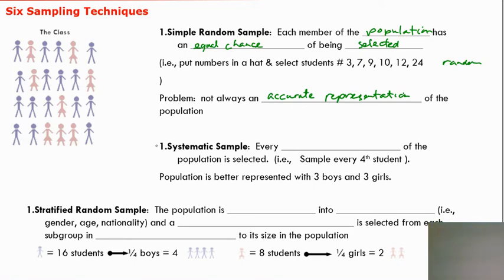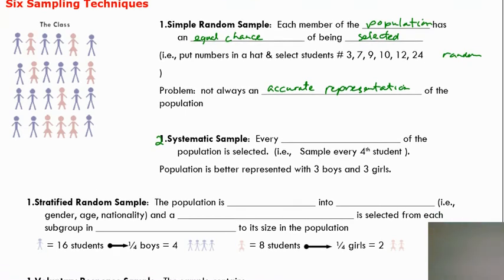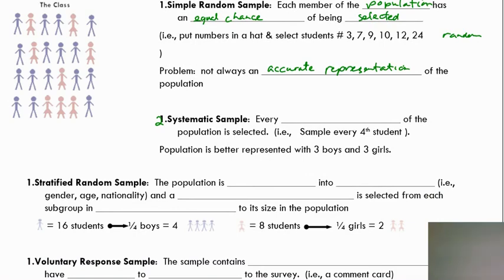Okay, number 2, this should say number 2 here. Systemic sampling. Well, every nth, meaning any number, any nth member, every certain number of the population is selected.